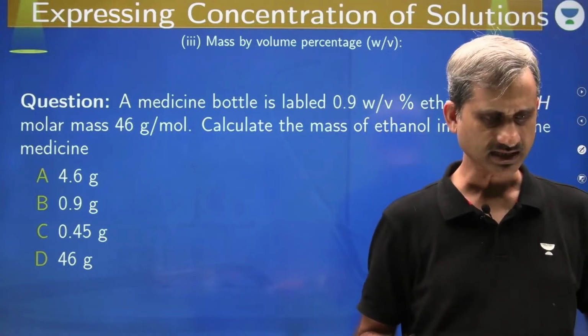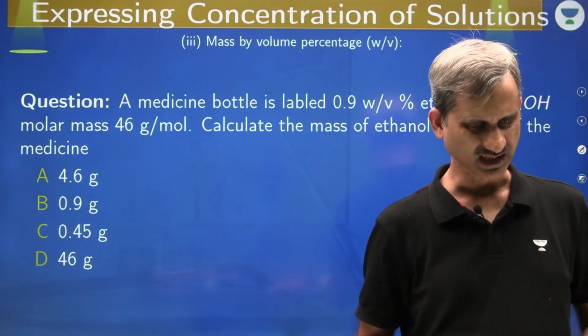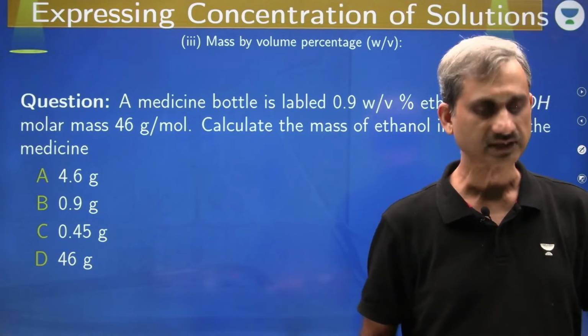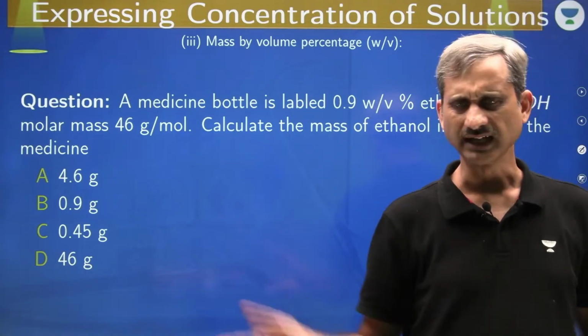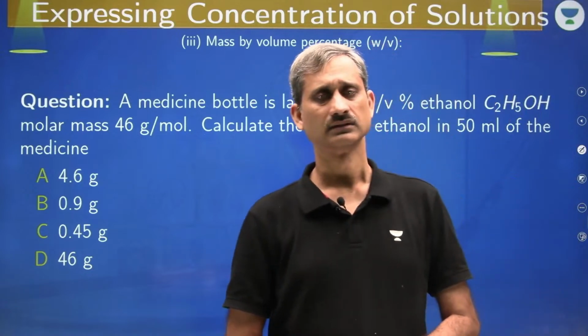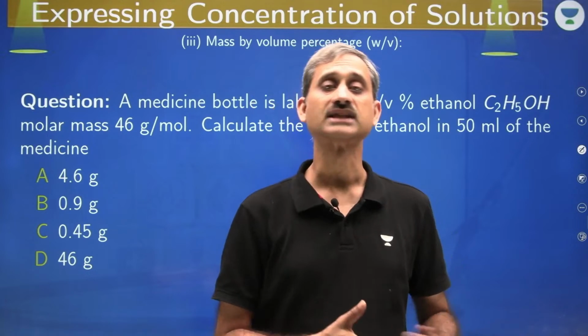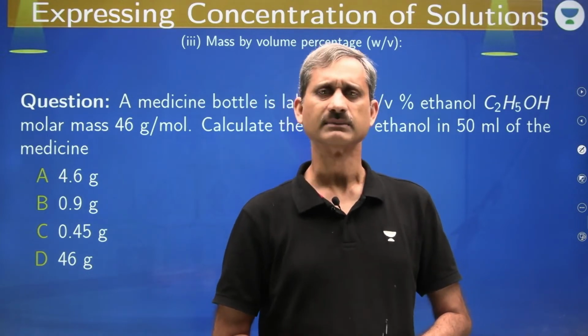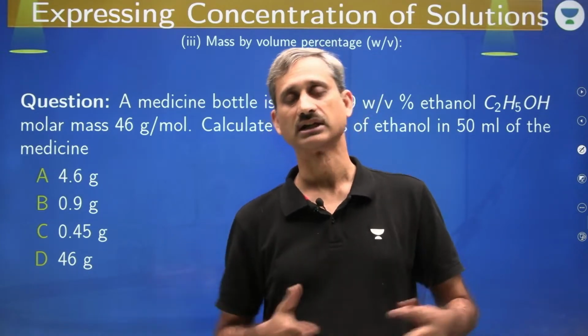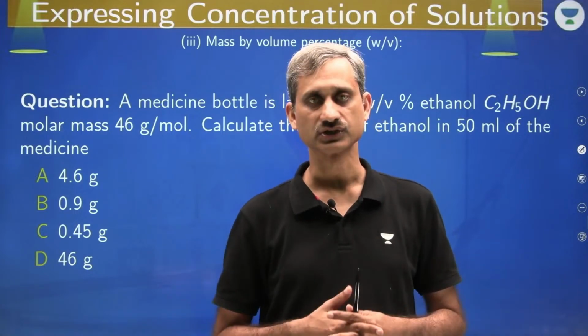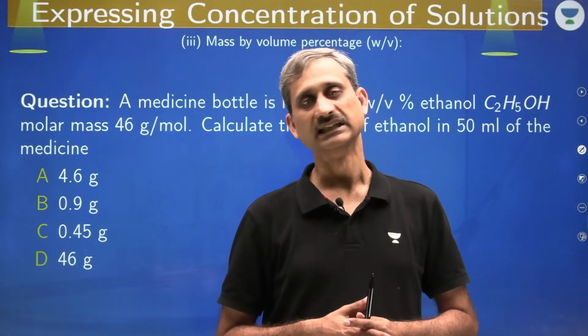Aditya said, why mass in gram and volume in milliliter? Why not kilogram and liters you are talking about? Fine enough, you can. Anyway, the dimensions are going to be decided by the dimensions that you take. Most often in chemistry, we are not dealing with such liters and milliliters and kiloliters. We are actually talking about milliliters.